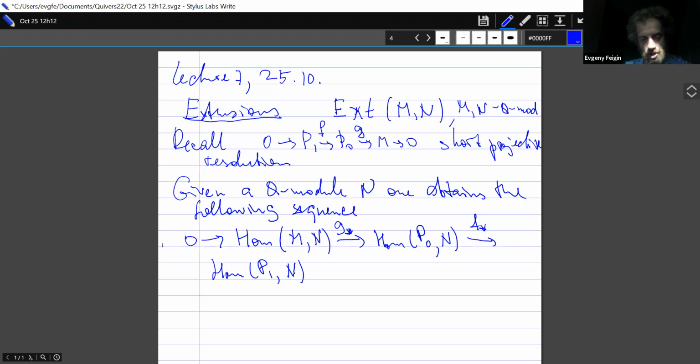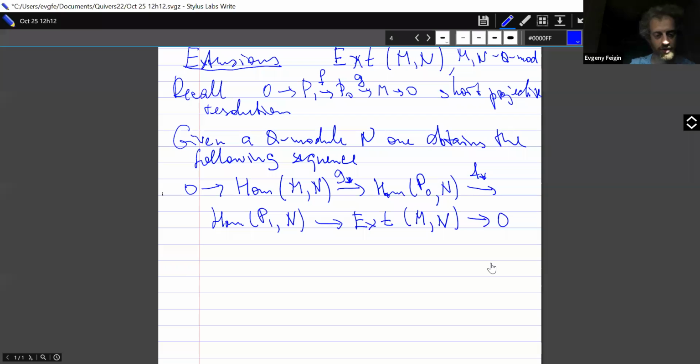The question is whether we can continue this sequence, and we can. Let us put here Ext(M, N) and 0.